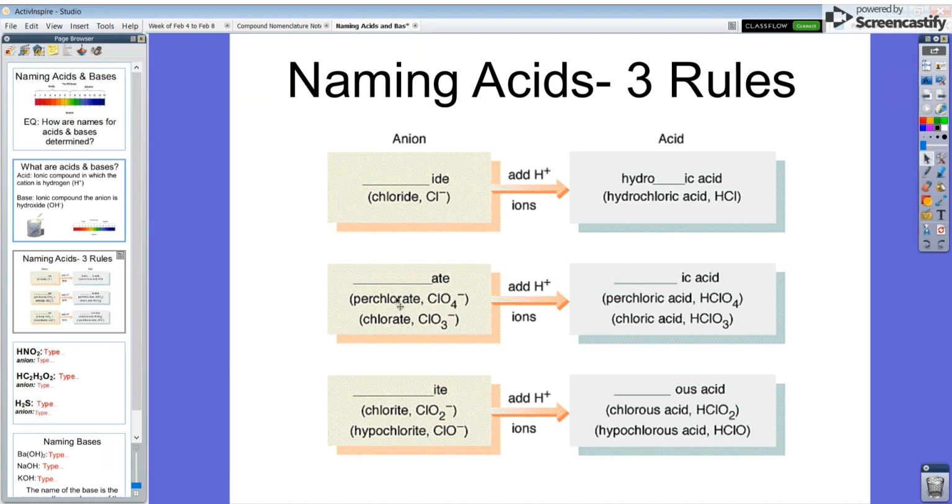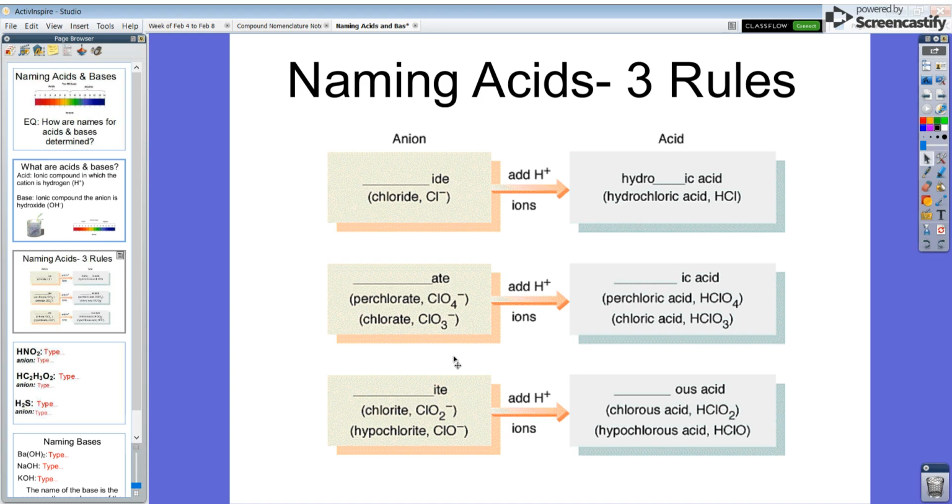If you have an acid that has a polyatomic anion that ends in "ate," you name it similarly, but you don't use the prefix hydro. So for instance, if you have an acid where chlorate, ClO3 minus, is the anion, that acid is chloric acid, HClO3.